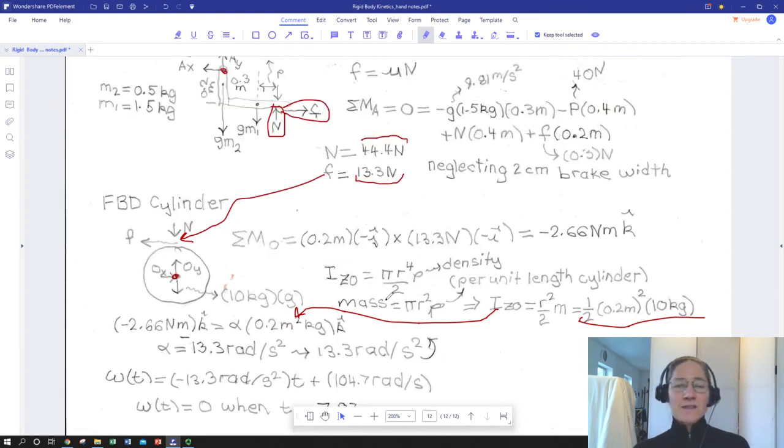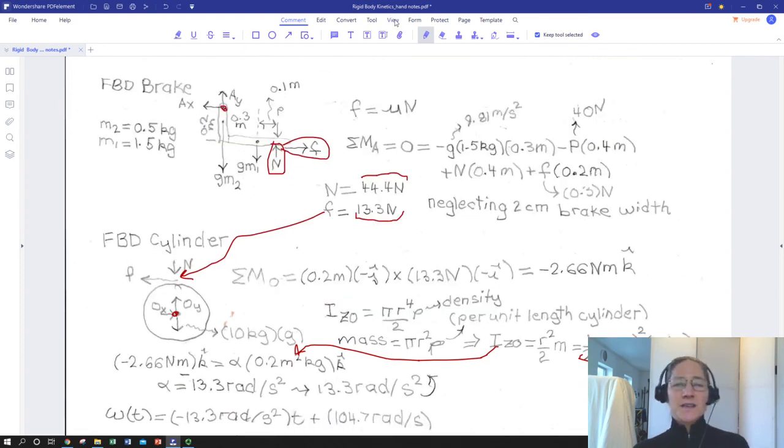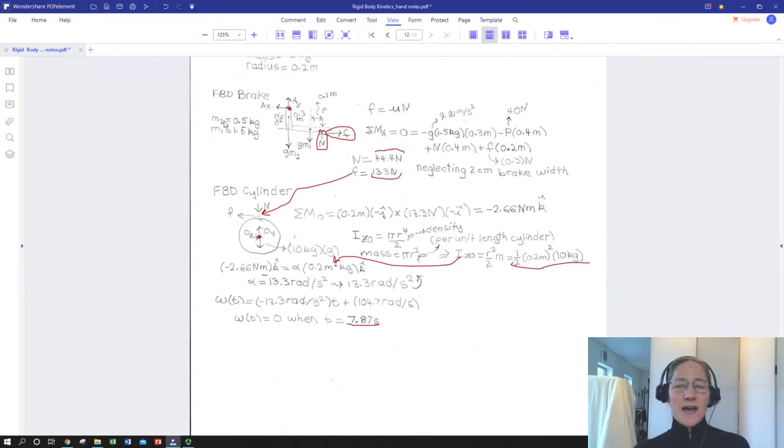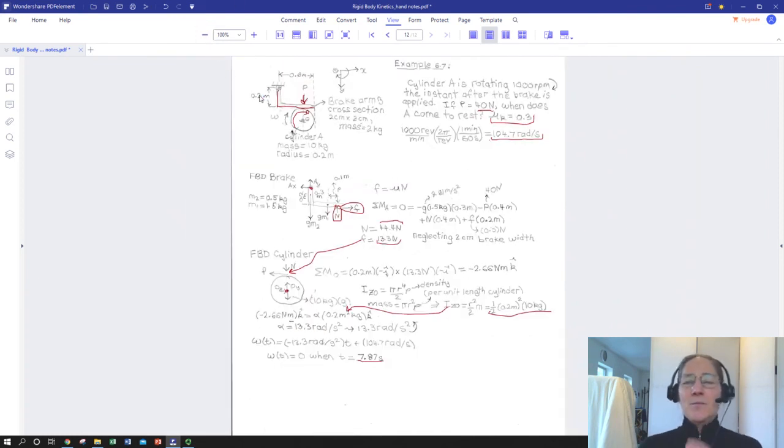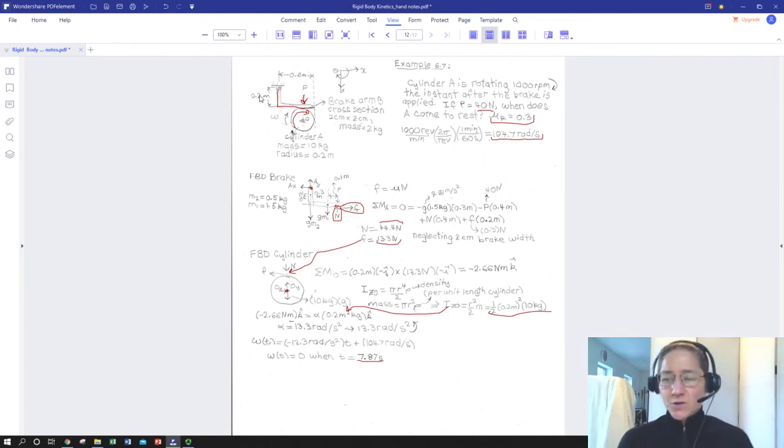So this is probably one of the simplest examples of application of our Euler's second law, moment of inertia, and sum of the moments to a very simple equation of motion. We didn't have to worry about rolling criteria or slipping or coupling any kind of rotational motion and translational in this case.